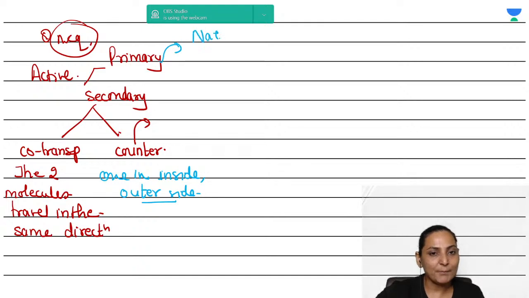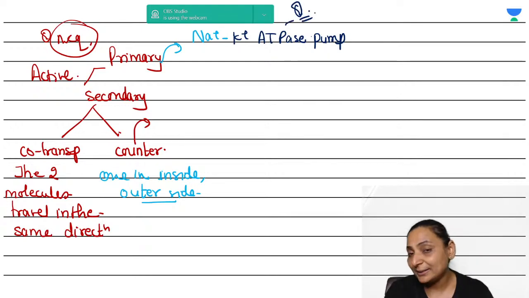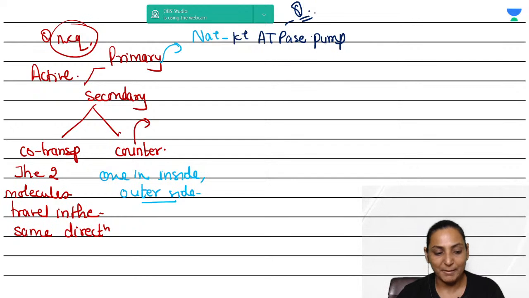So a very common example is the sodium potassium ATPase pump. Very, very important is the sodium potassium ATPase pump, which is present in almost all the cells of the body. It is one of the very important energy consuming pumps. Rather, this itself is an MCQ. You can get an MCQ on the sodium potassium pump.